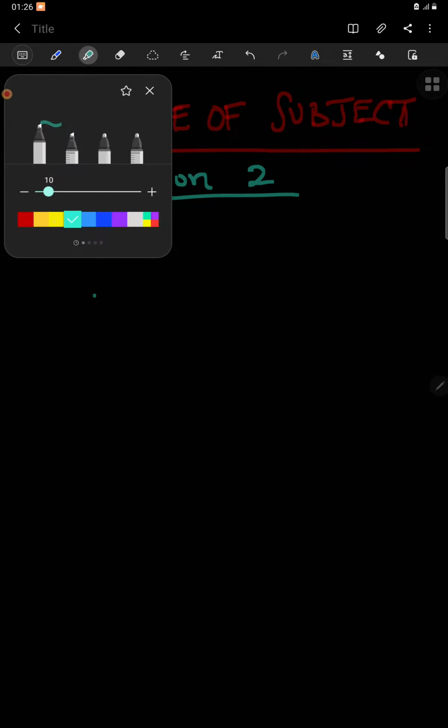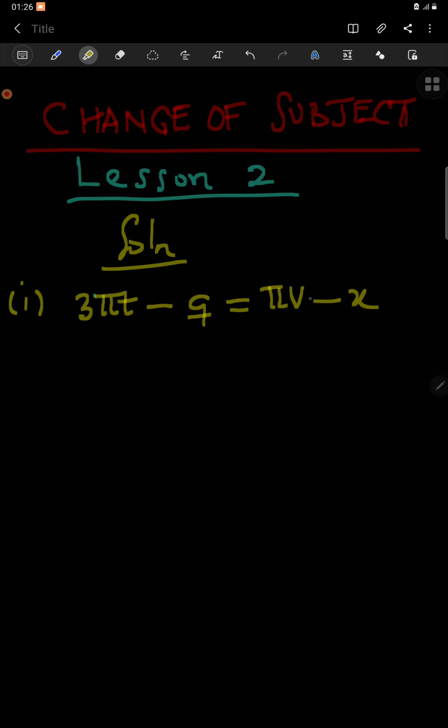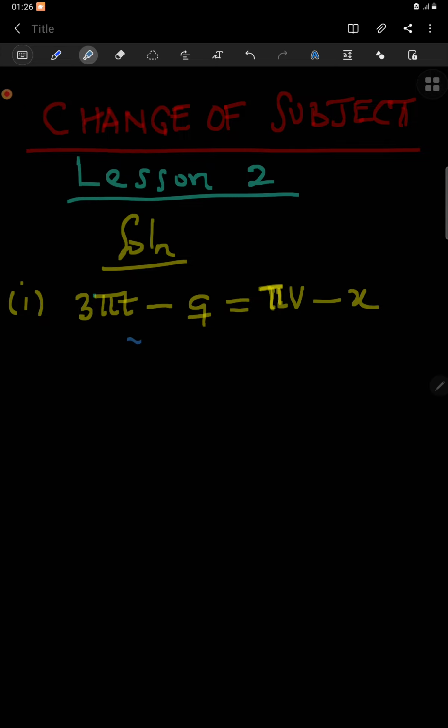So solution. We have been given 3 pi t minus q equals pi v minus x. We want to make pi the subject. So as I was saying, as a topic, we have pi on both sides.